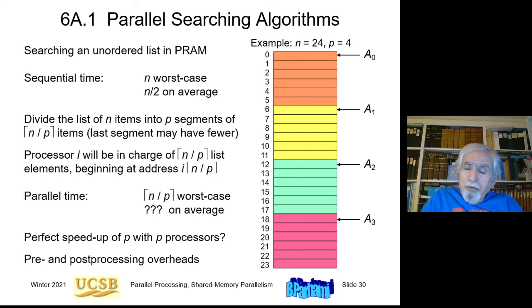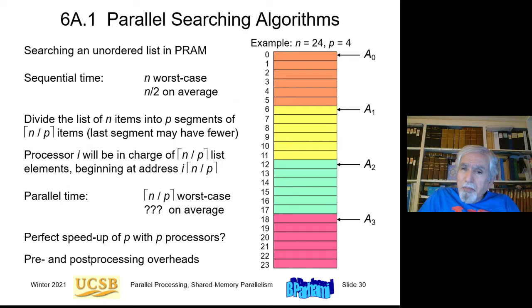So this leads to perfect speedup. In other words, if the list has n elements, each of the p processors will get n over p elements, and the expected running time will be roughly n over p. Okay, notice that I didn't say n over 2p, because even though each processor's expected time is n over 2p, we have to wait for the slowest processor, the one that basically has to scan the entire sublist before it finds the element or gives up.